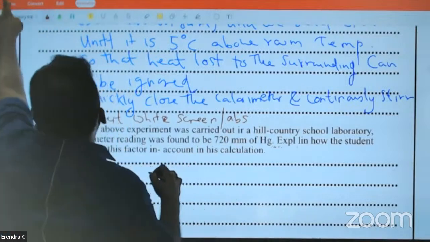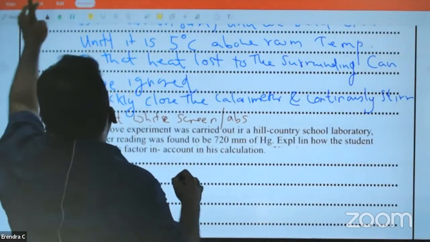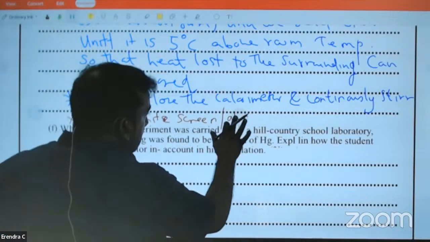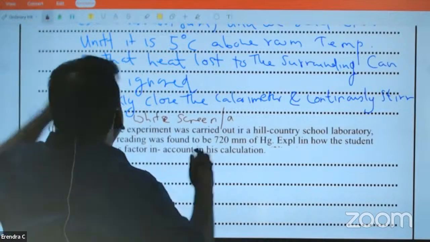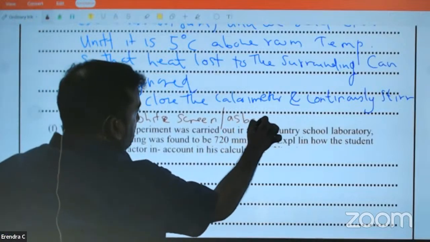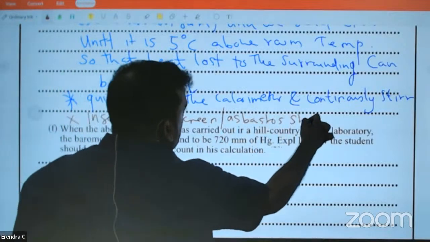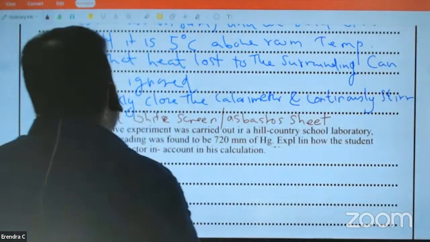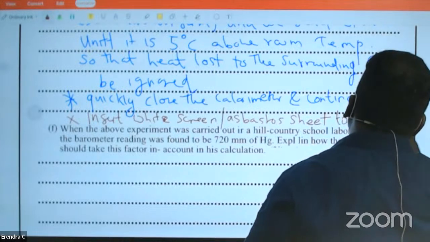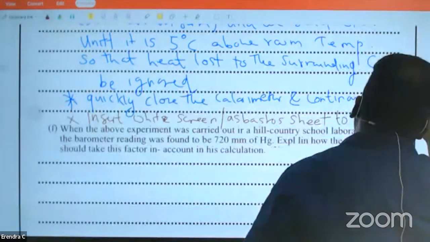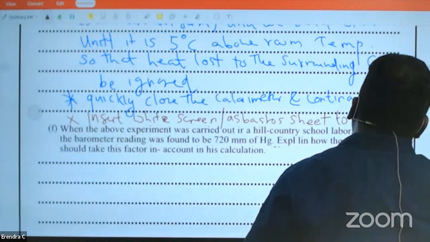Asbestos sheet to stop radiation heat transfer.